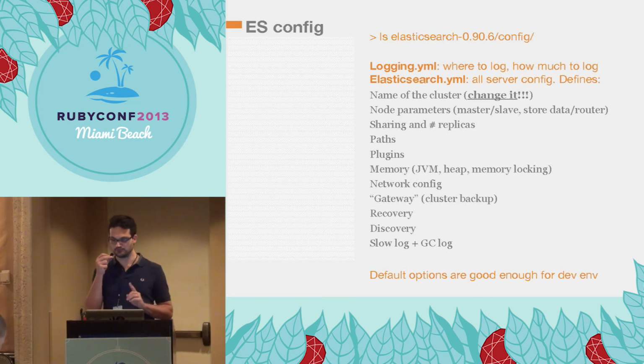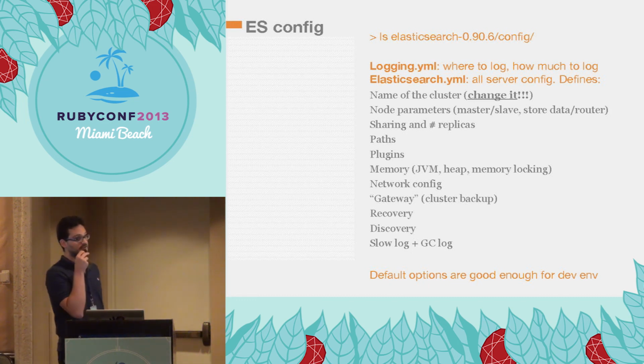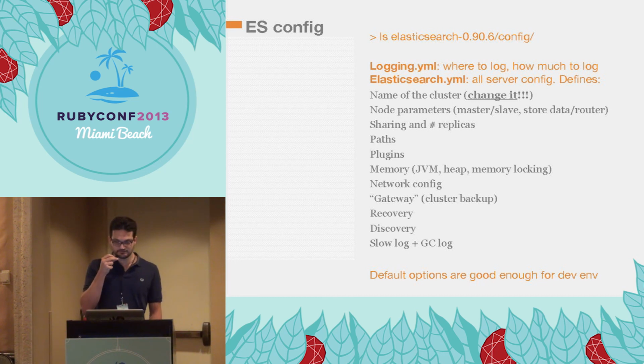There is actually only one parameter that you absolutely have to change, that is the name of the cluster. And the reason is that by default, the name of the cluster is Elasticsearch. And as we said, Elasticsearch is a distributed system. So if you run on a network where your developer friends are on the same network running Elasticsearch, they will start discovering each other and they will start building their own cluster.